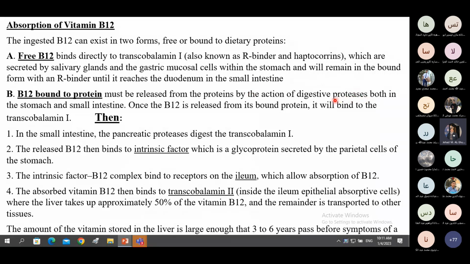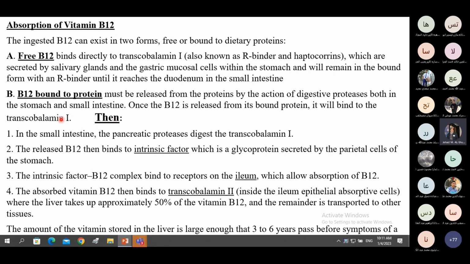What are proteases? Proteases are a group of enzymes that digest proteins. All enzymes that digest proteins, we call them proteases as a group. So proteases will digest the protein bonded to B12, thus releasing free B12. Once the B12 is free, it will bind to transcobalamin 1.